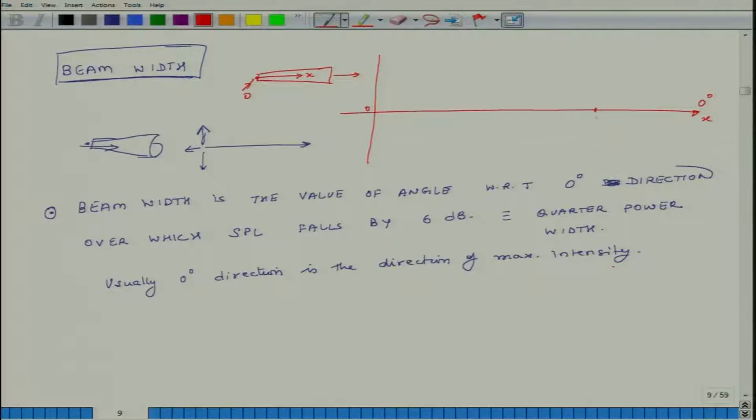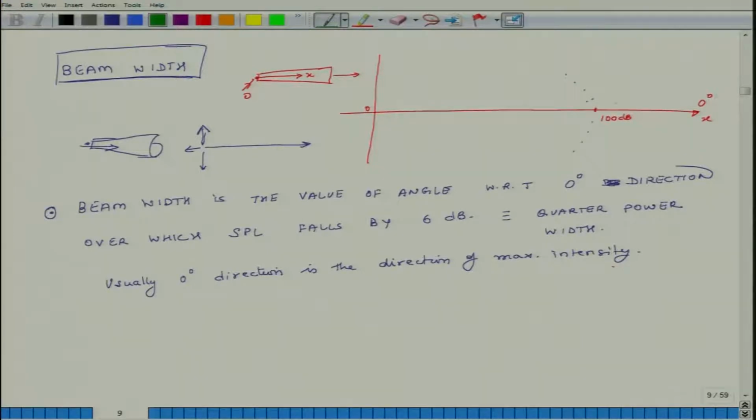Now let us say this corresponds to 100 dB. Then I keep on measuring for different values of theta. Let us say 10, 20, 30, 40 degrees. These are different values of theta. And here what I find is that in the 10 degree direction it is 99 decibels.